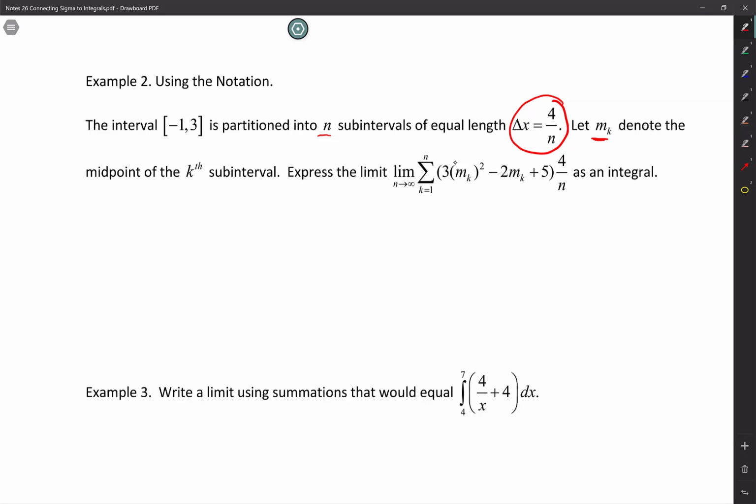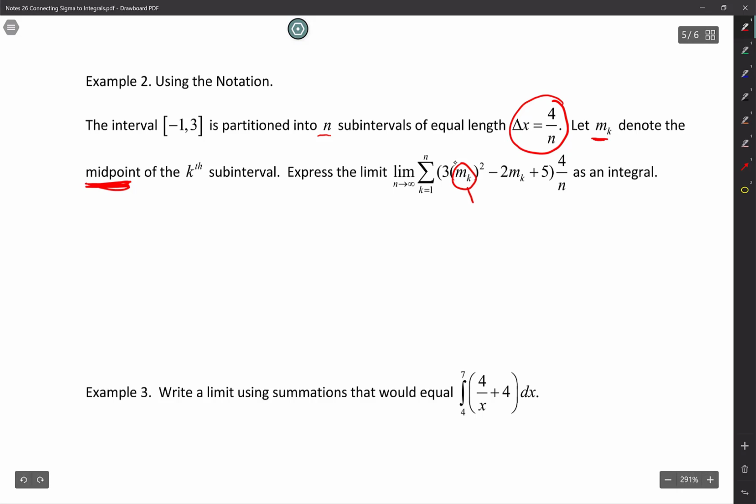They literally told me midpoint here. That's why they said that. Express the limit as n approaches infinity for this expression as an integral. They're being nice to us because they could have easily broken it down even more, but they left it like that. So I want you to circle this, that m of k.